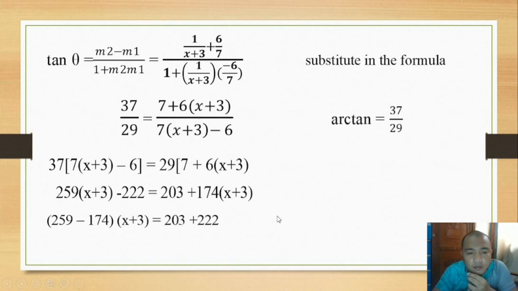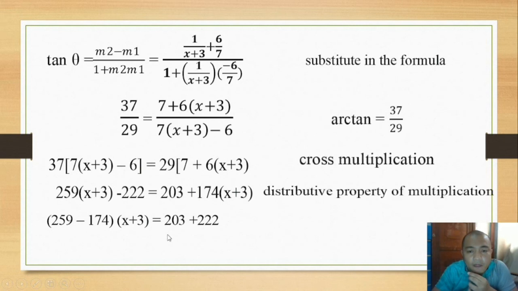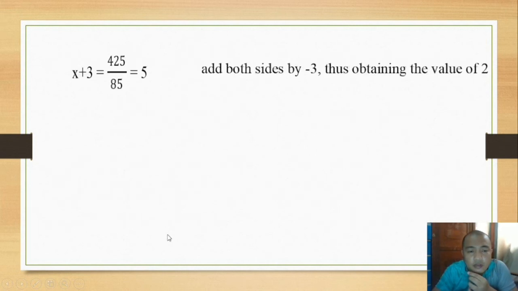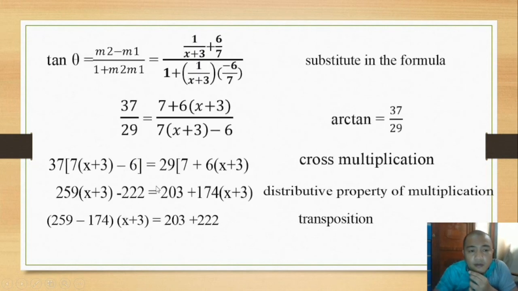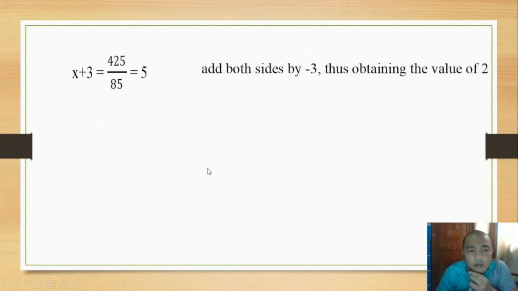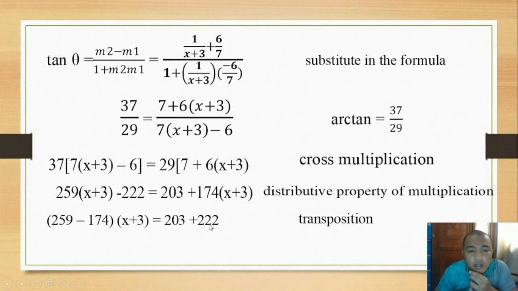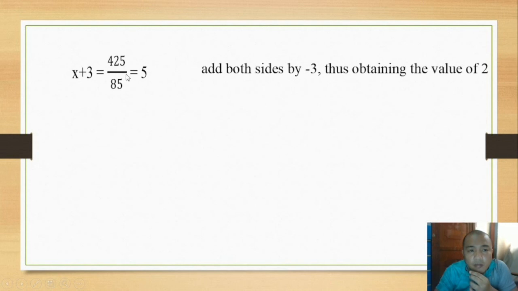Then collect similar terms: 203 plus 222 on the right side, and then 259 minus 174 times x plus 3. Wait, 203 plus 222 is 425, over 85, is equal to 5. Okay, 425 divided by 85 is 5. So x plus 3 is 5.